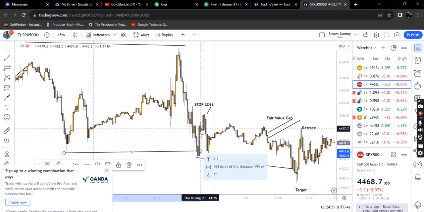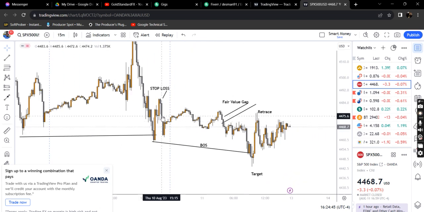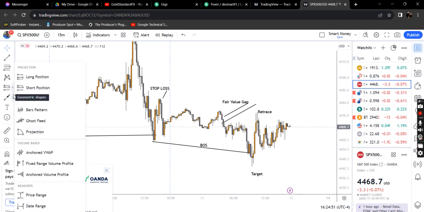The close, price retraced up, and price went. It felt kind of like a gap. We had a small little gap around this area.